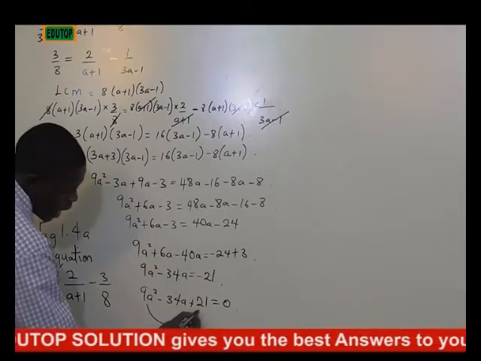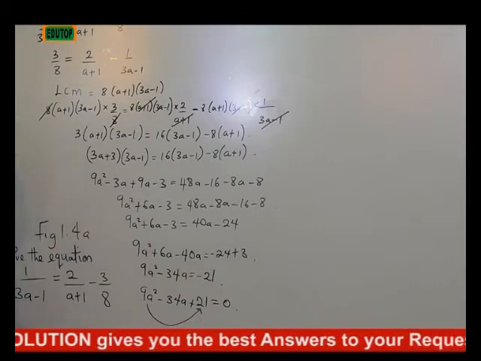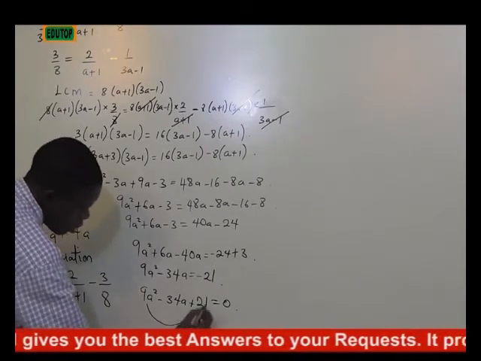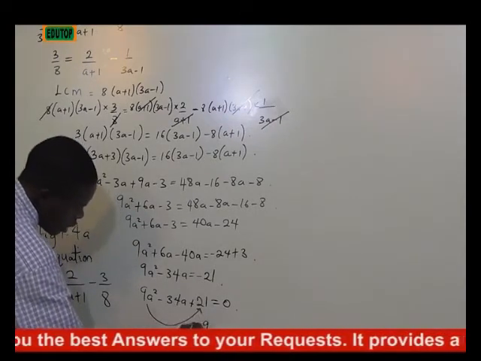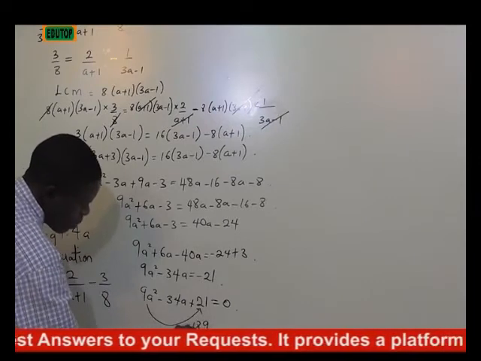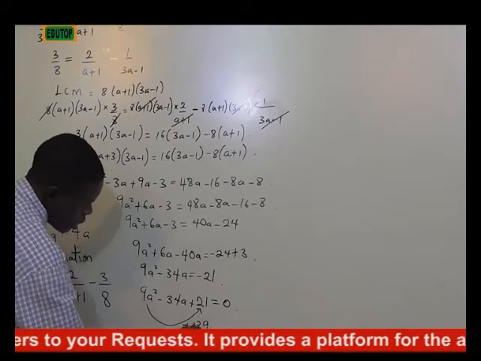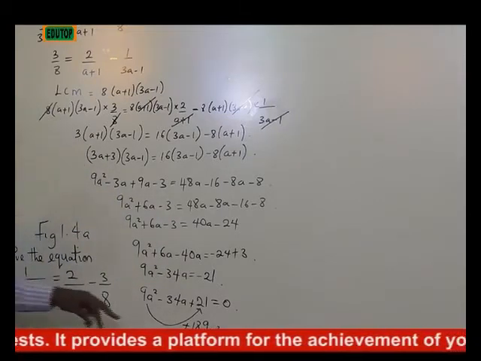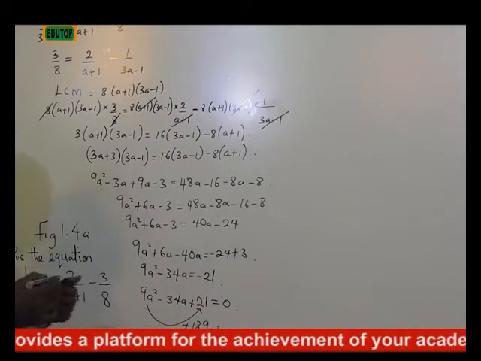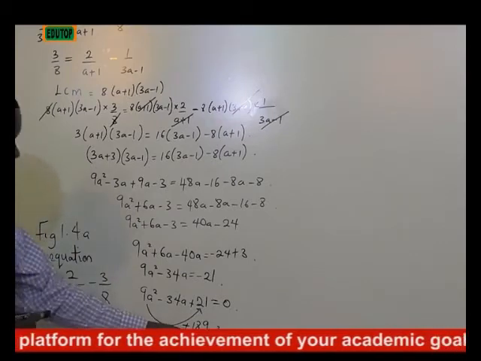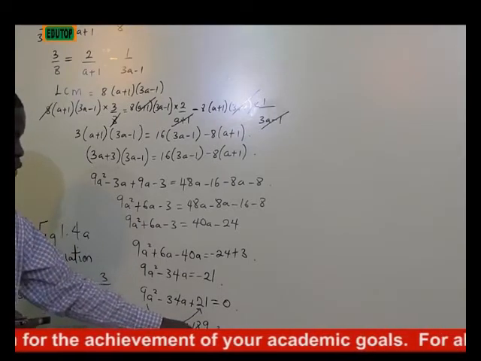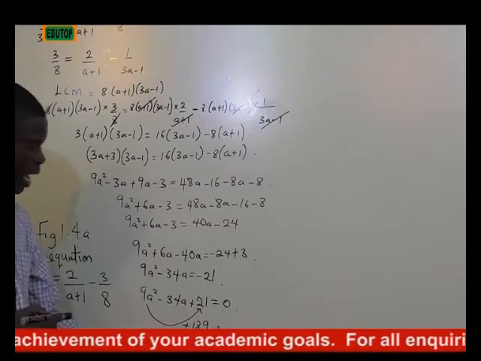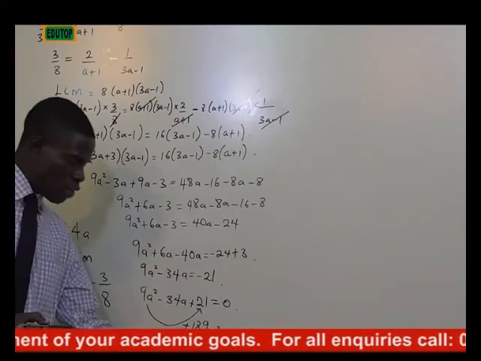I use this to multiply this. Then I will have 9 times 21, that will be plus 189a squared. So I want to check for the factors of this 189a squared such that when those two factors are multiplied, they will give me this.